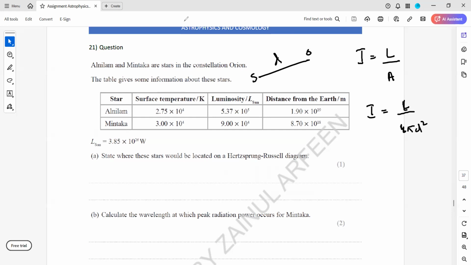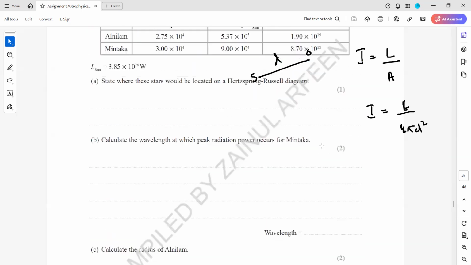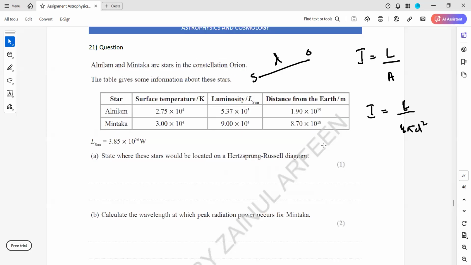D is not a diameter, d is the distance between the source and the observer. So the question is which of these stars gives a lower intensity of radiation to Earth. So what we simply have to do, we have the luminosity of these stars. First we'll solve for Alnilam.